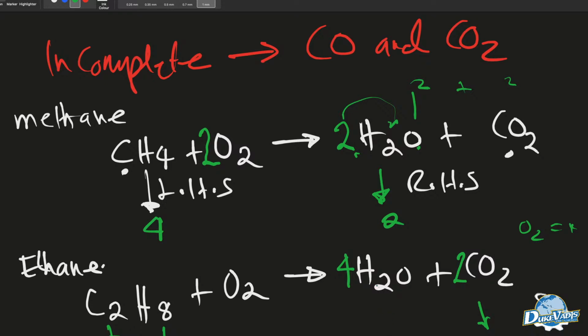But then the oxygen in this component will be 4, and the oxygen over here, also 2 times that, will be 4. So that means we have 8 oxygen.